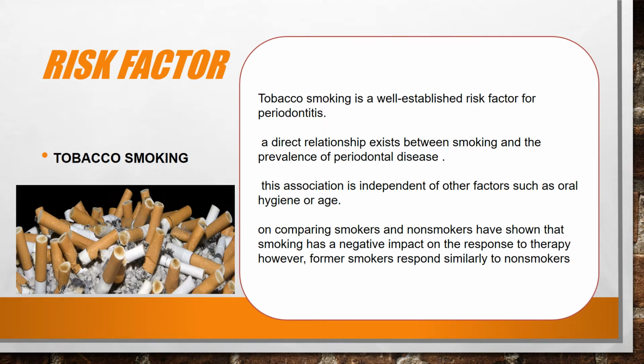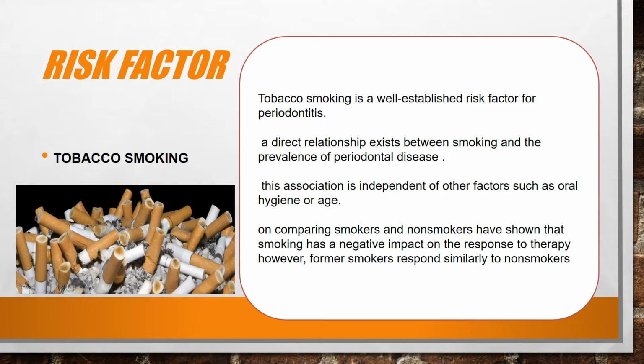For risk factors, the first one is tobacco smoking. That is a clear risk factor for periodontitis. A direct relationship exists between smoking and the prevalence of periodontal disease, and this association is independent of other factors such as oral hygiene or age.